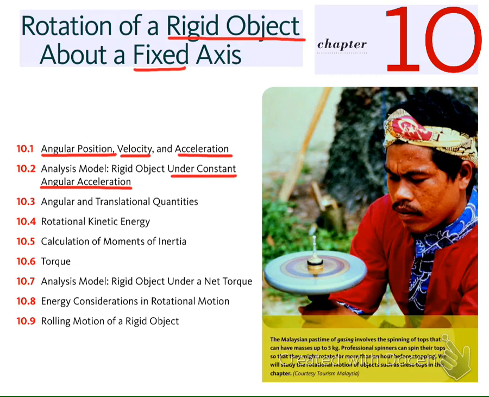This is similar to when we talk about the motion of a particle with a constant acceleration, but in that case it is a linear acceleration, while in this case it is an angular acceleration.